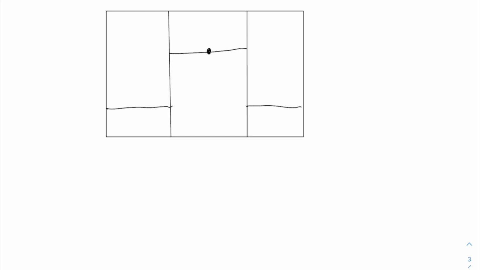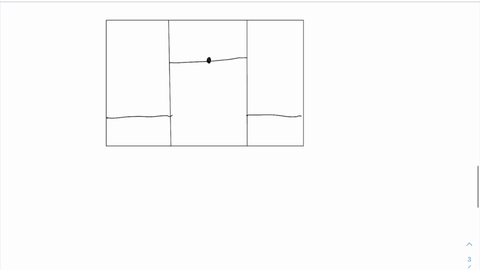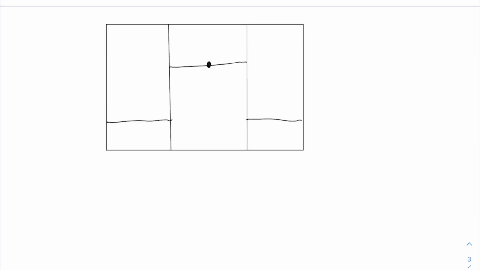So I'm going to begin, as we did in the previous example, identifying any degree 2 vertices. And on the degree 2s, you can immediately scribble in the two edges. So there's a degree 2 on the corners, right? And on those, I can immediately say I have to choose those two edges.